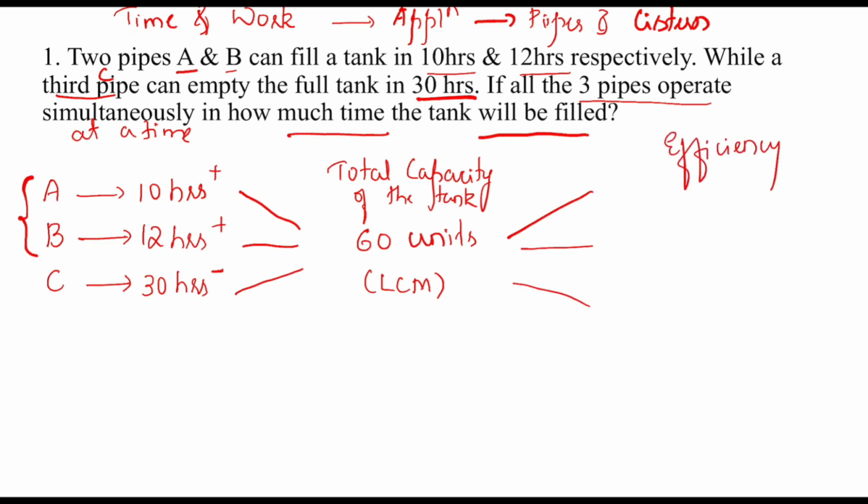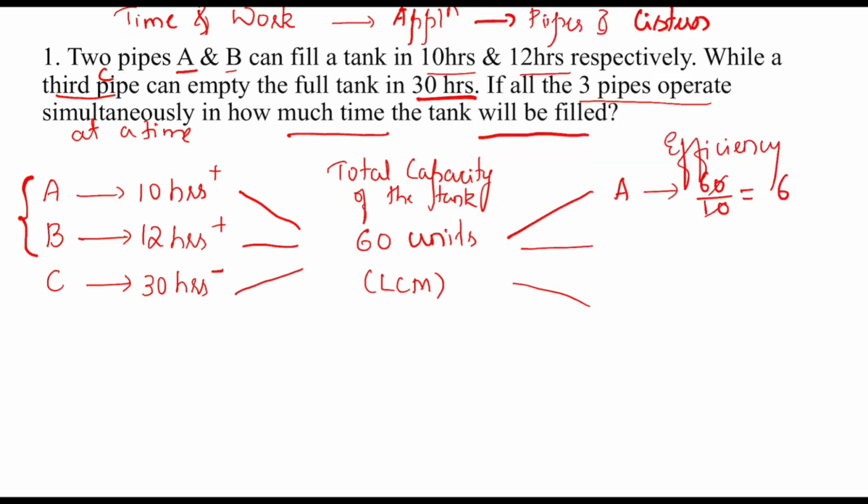Okay. So if pipe A fills 60 units in 10 hours, because the tank capacity is 60 units, so it is taking 10 hours to fill the tank. So if A can fill 60 units in 10 hours, then in 1 hour, how much will it fill? It is given by 60 divided by 10, which is equal to 6.